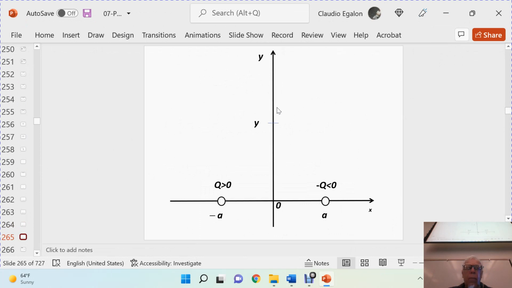So let's put a point here. This point has coordinates x comma y.